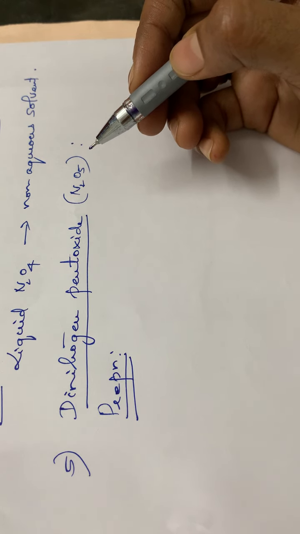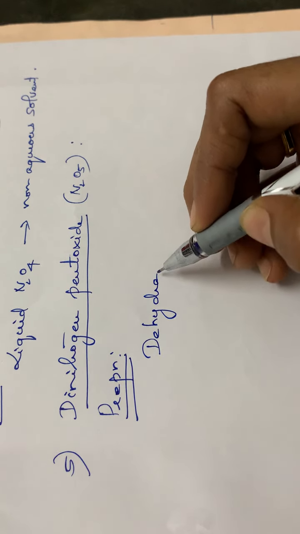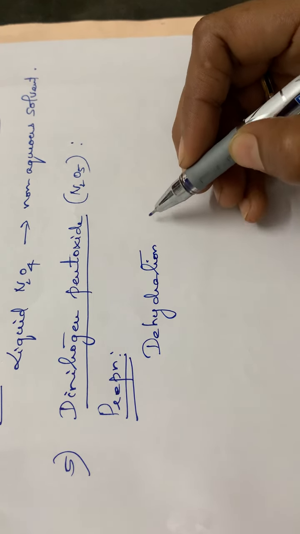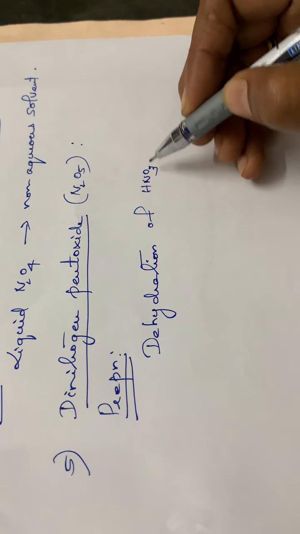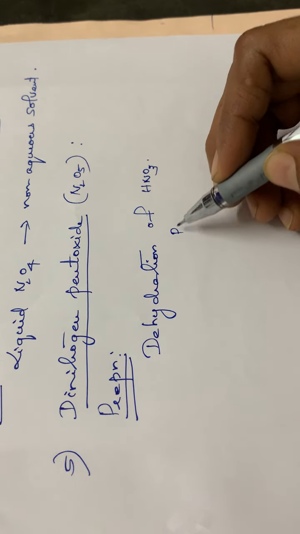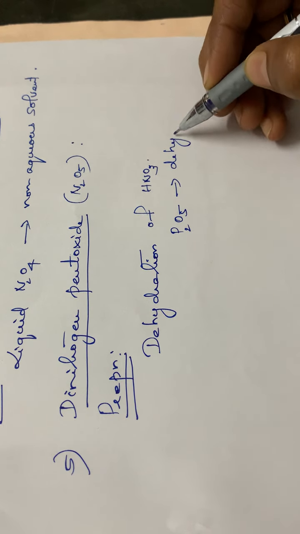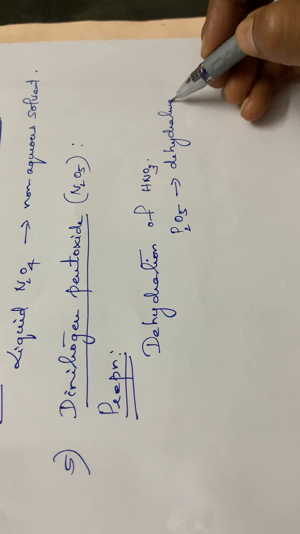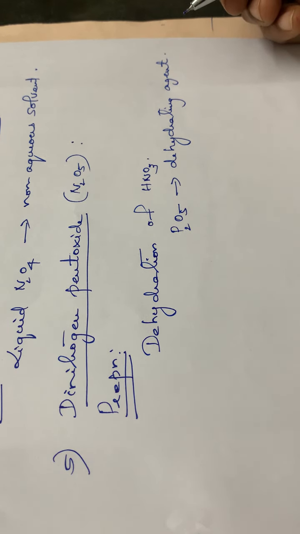The first method of preparation is the dehydration of nitric acid, and here the dehydrating agent used is P2O5, phosphorus pentoxide.